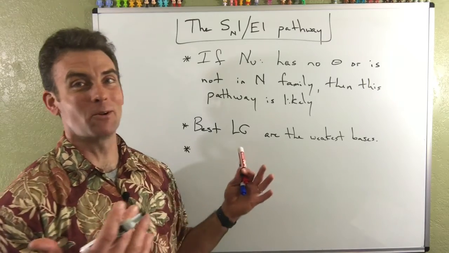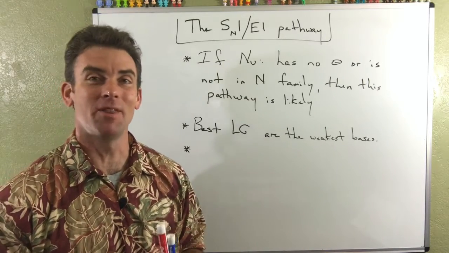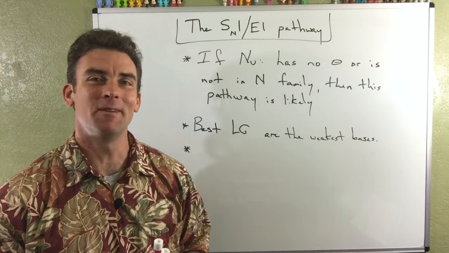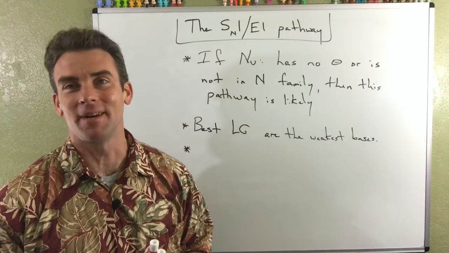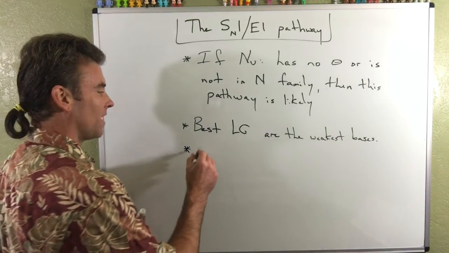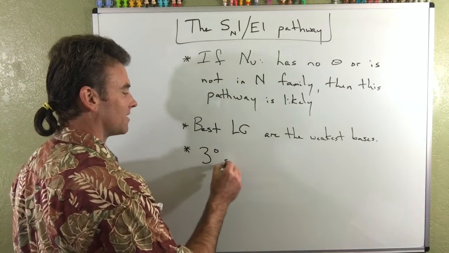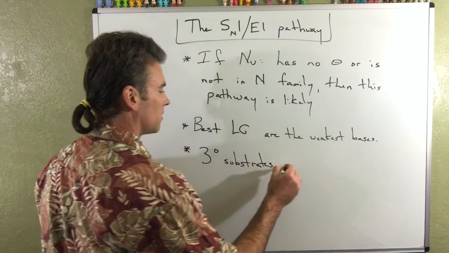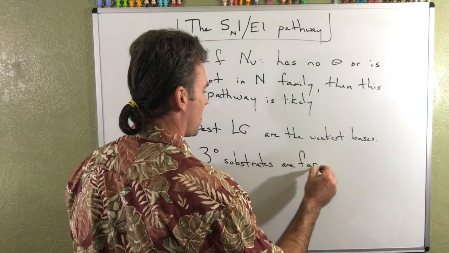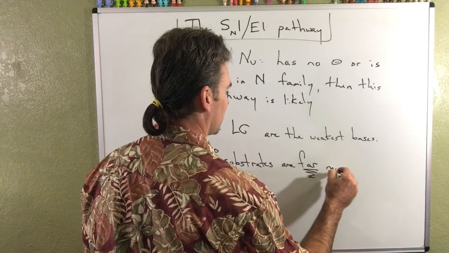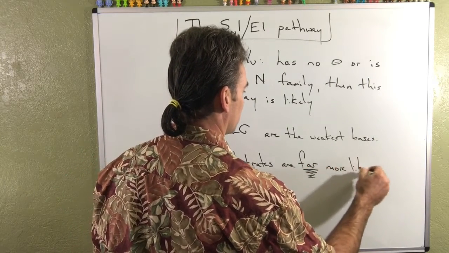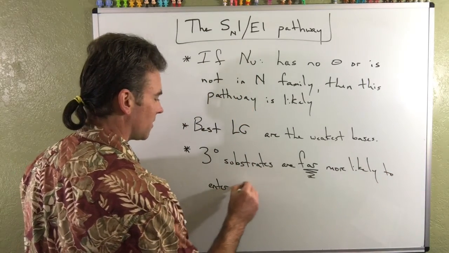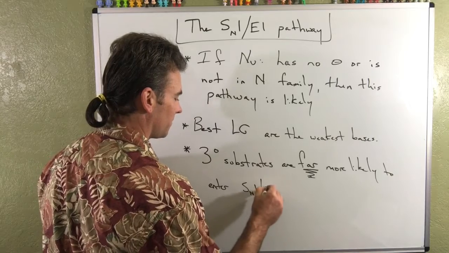Well, in a typical organic chemistry class, usually I teach you one thing and then completely reverse all that logic in the very next mechanistic pathway, and that's what's happening now. And so it turns out that tertiary substrates are far more likely to enter the Sn1 E1 pathway.